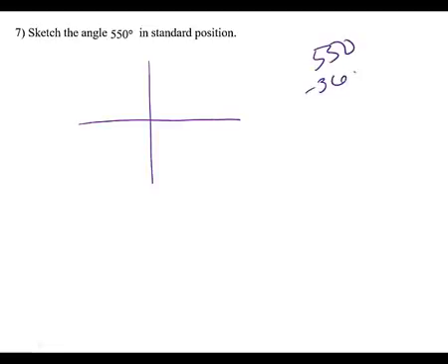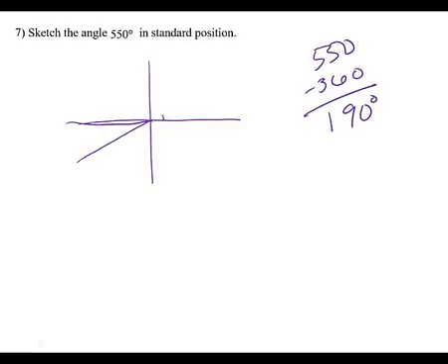So I'm going to do 550 minus 360. 360 is 1 revolution. So what is 550 minus 360? You all have calculators. 190. Okay, so that would be 1 revolution, and then we know up to here is 180, right? So I'd be just a little bit beyond it, so somewhere in there.